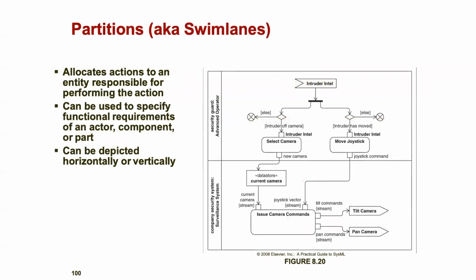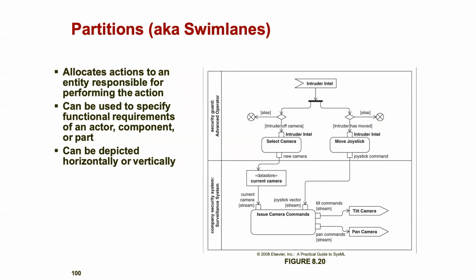We can also have partitions, or you can think of them as swim lanes. It allocates actions to an entity responsible for performing the action. And so here we're seeing on the top, we have the security guard, and on the bottom we have the company security system. It can be used to specify a functional requirement of an actor, component, or part.